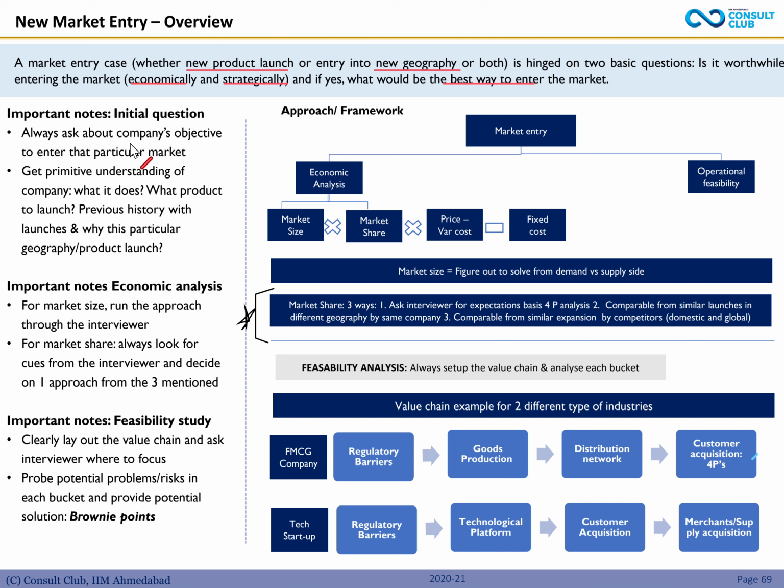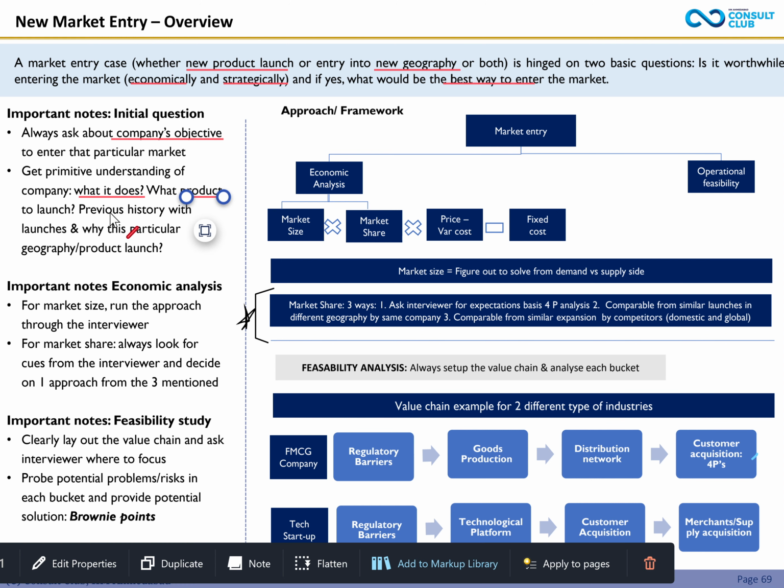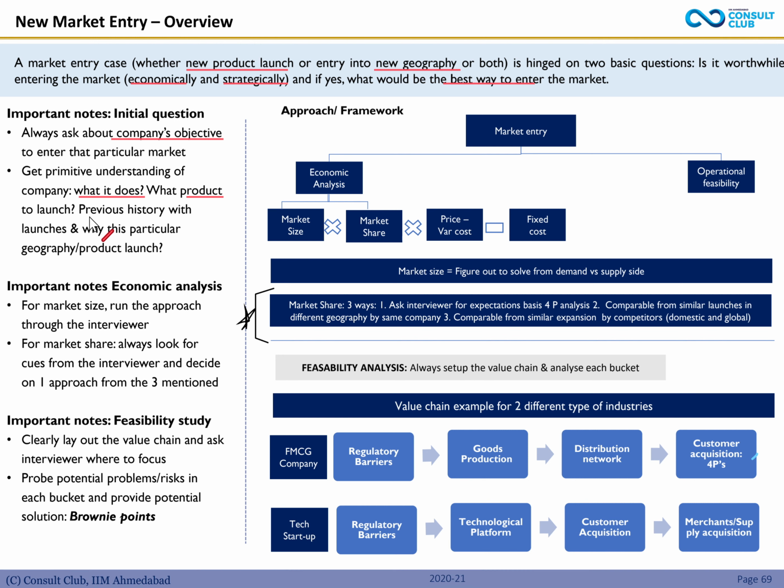So you have to first understand what is the company's objective to enter a particular market, get a primitive understanding of the company. So what it does, what product to launch, previous history with launches in this company, and why this particular geography or product launch. So you have to understand this perspective of the company in the first part of the interview.